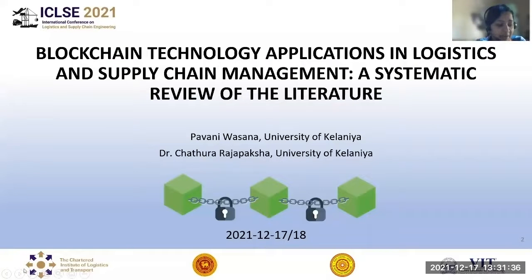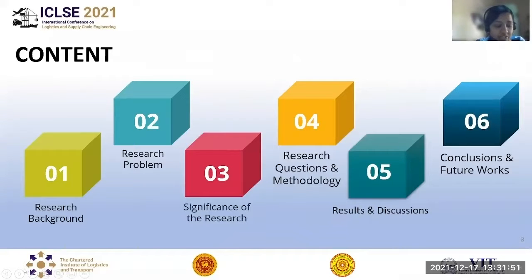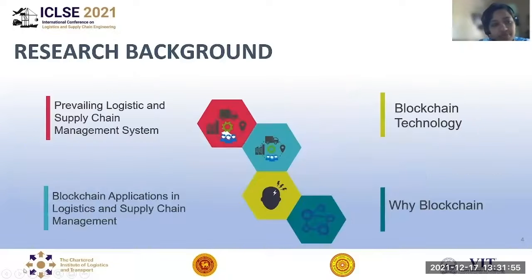Hi everyone, I'm Pavani Vasana and my title is Blockchain Technology Applications in Logistics and Supply Chain Management, a systematic review of the literature, supervised by Dr. Chatura Rajapaksha. So this is the overview of my presentation today. First, let's see the background of the research.